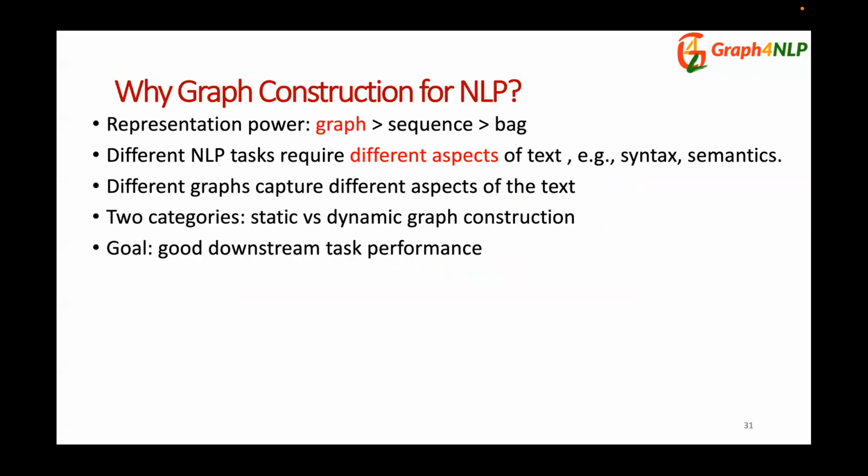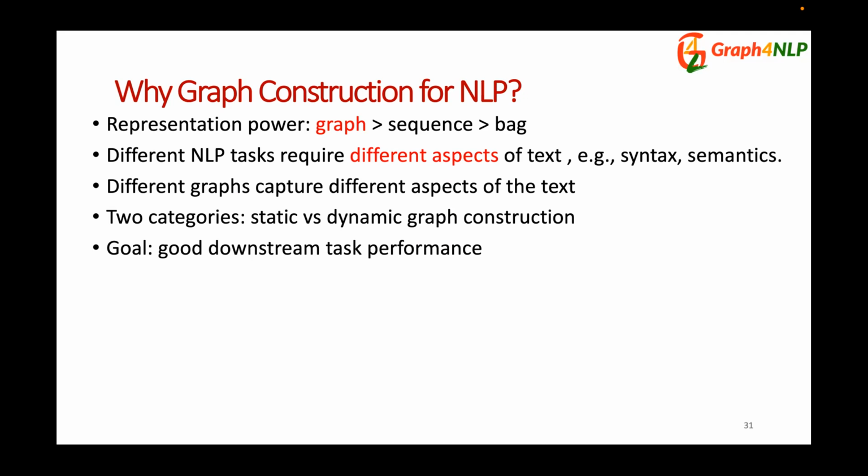So as Linfei just introduced, there are three typical ways of representing text, which are bag, sequence, and graph. Among all these three approaches, graph has the strongest representation power because it can capture rich and diverse information about the text.